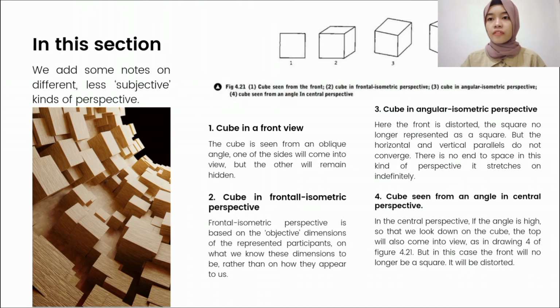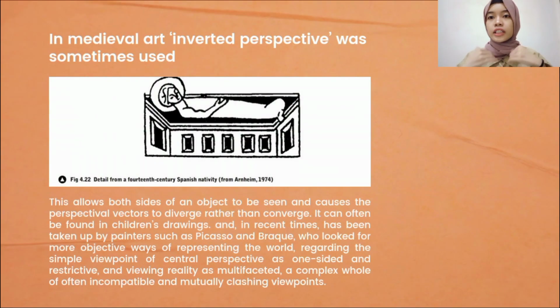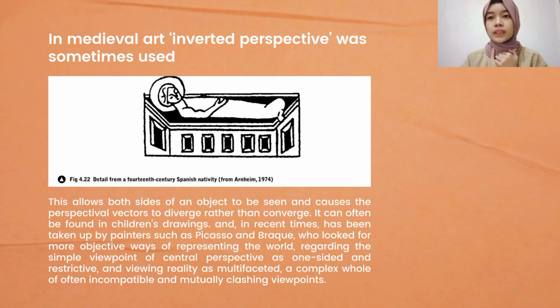Next slide, we have this inverted perspective, which was used in medieval art. This allows both sides of an object to be seen and causes the perspectival lines to diverge rather than converge.